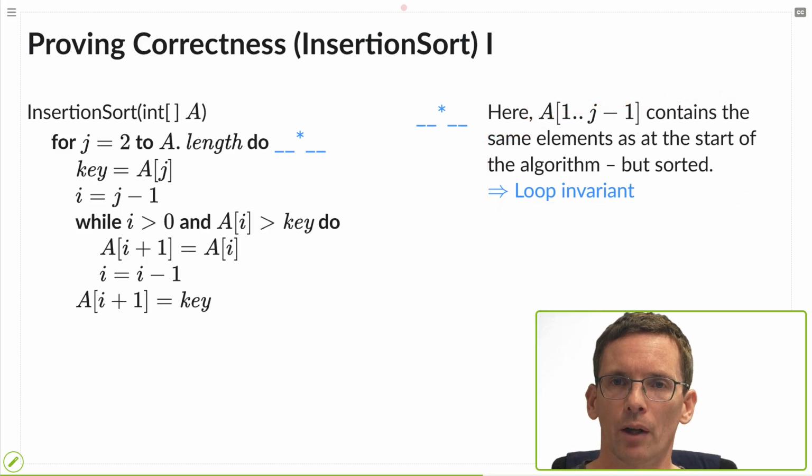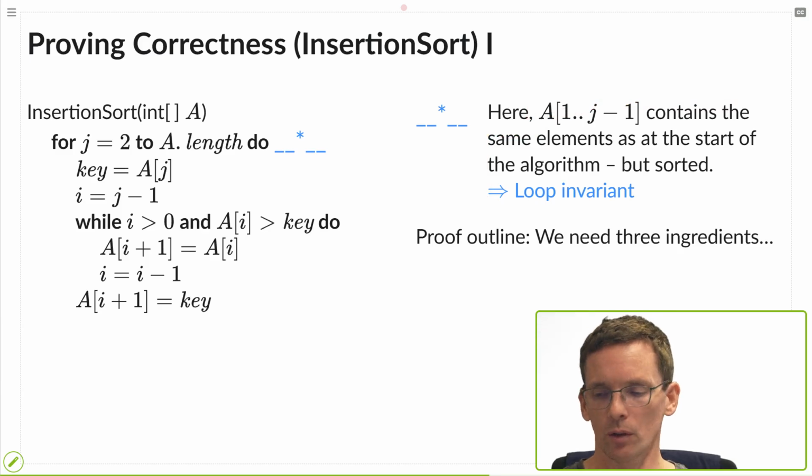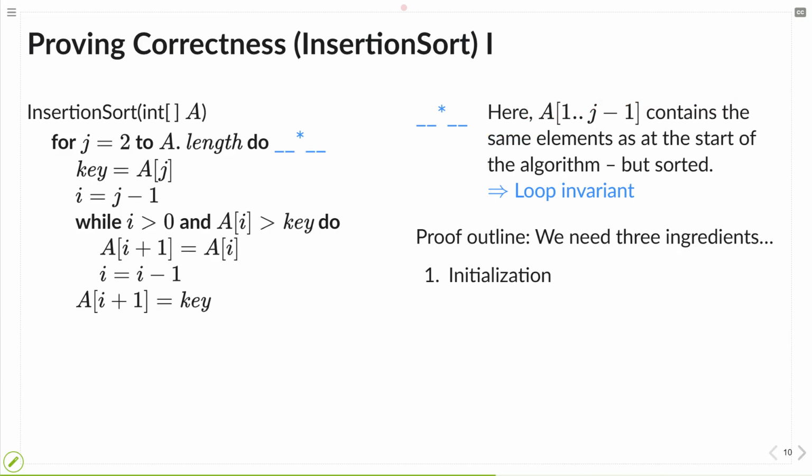This is a loop invariant for which we now want to do a loop invariant proof. So we need to do those three steps: initialization, maintenance, termination. Initialization means we have to check whether this statement is true at the beginning of the first iteration.